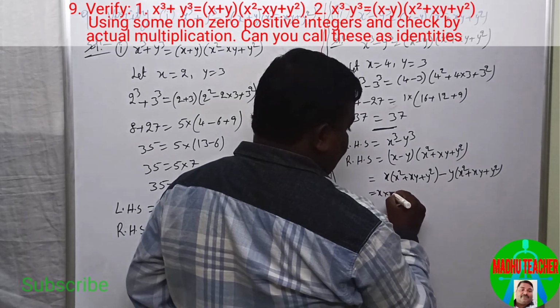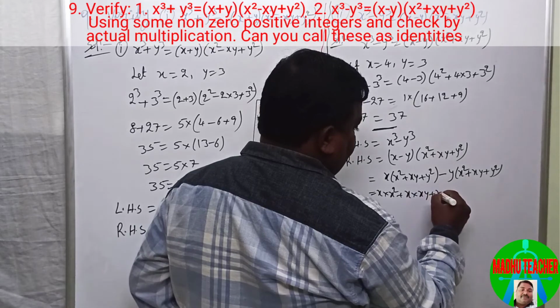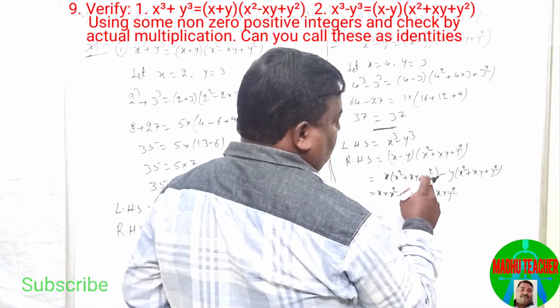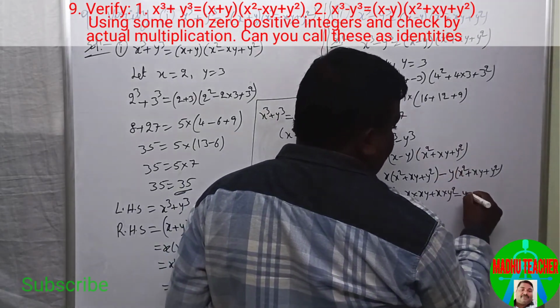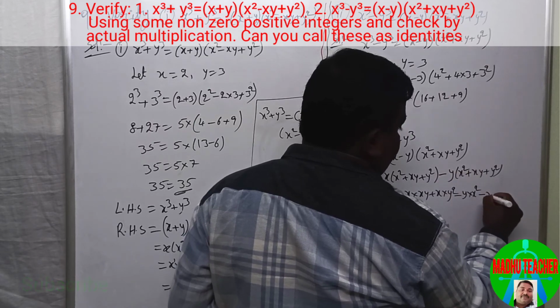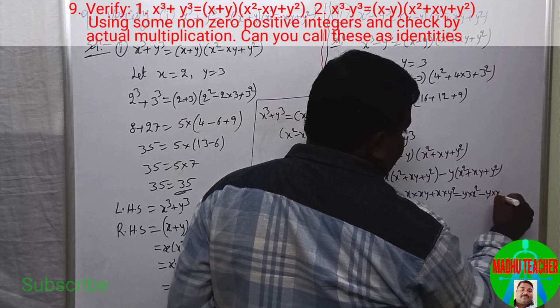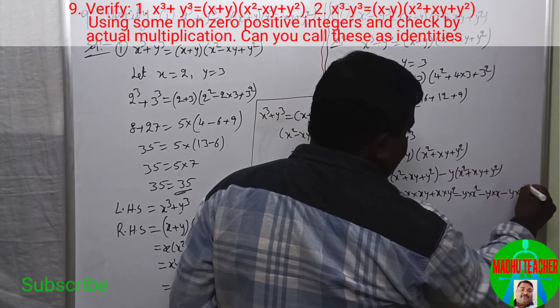x into x square plus x into xy plus x into y square. Multiplying this x to all the three, minus into plus, minus y into x square, minus y into xy, minus y into y square.